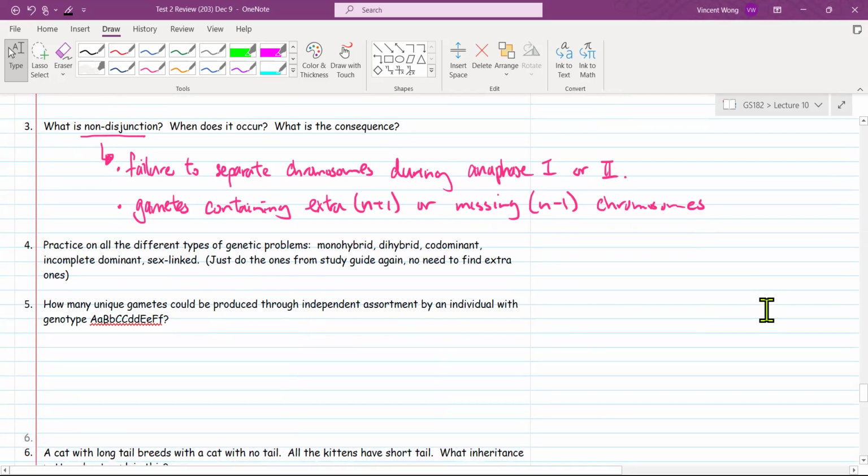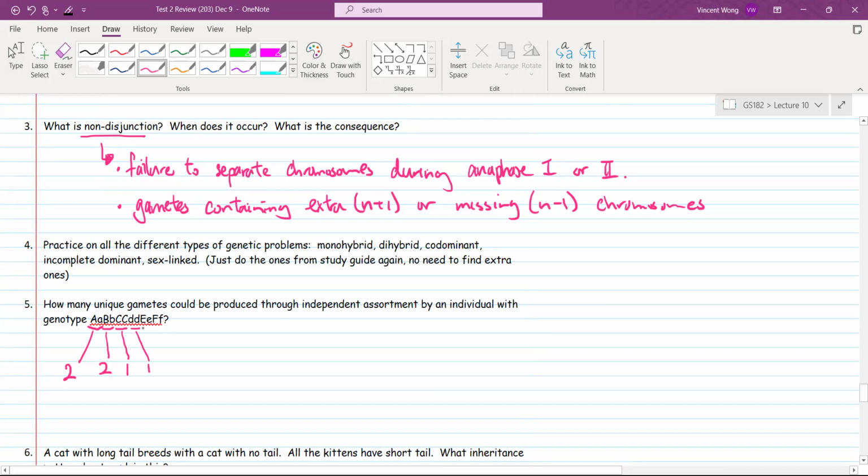Next, how many unique gametes could be produced through independent assortment by an individual with genotype Aa Bb CC dd Ee? Okay, so big A, small a, there are 2 choices. Big B, small b, 2 choices. Big C, 1 choice. 1 choice for small d.